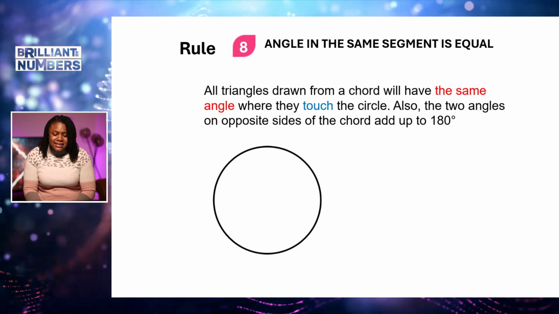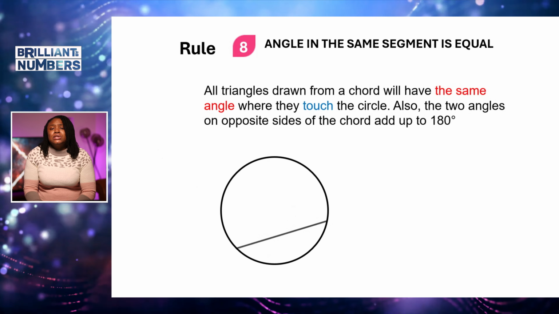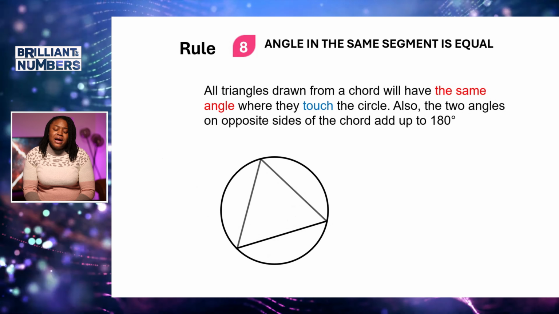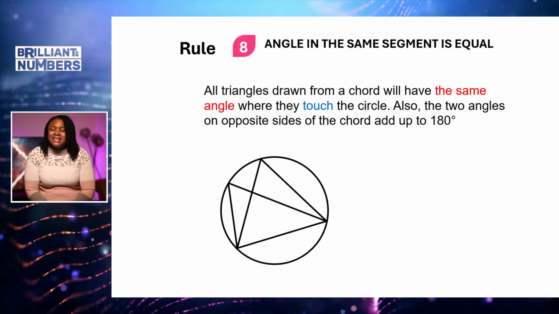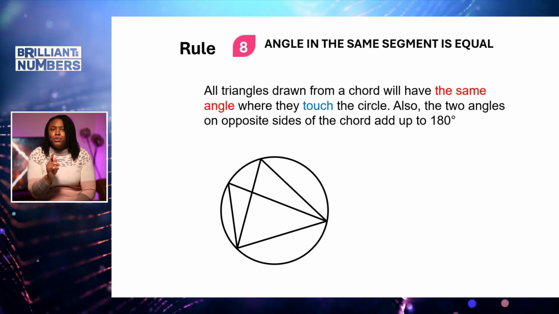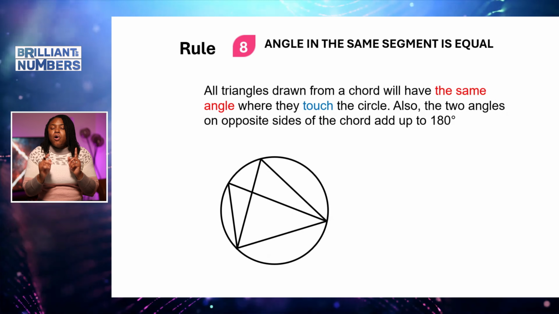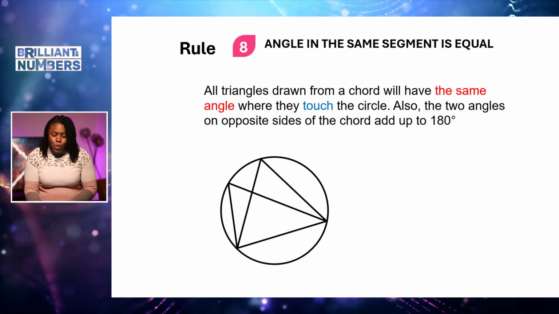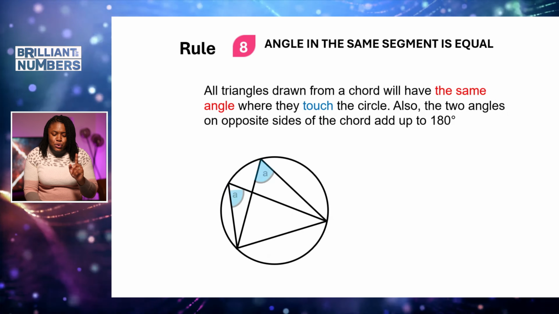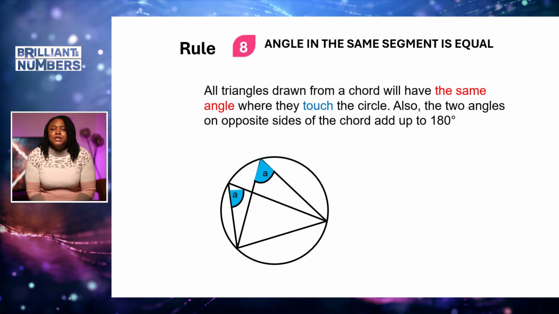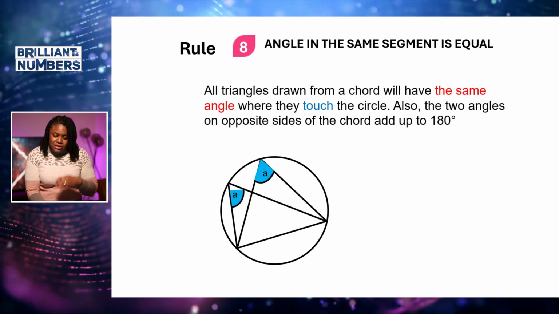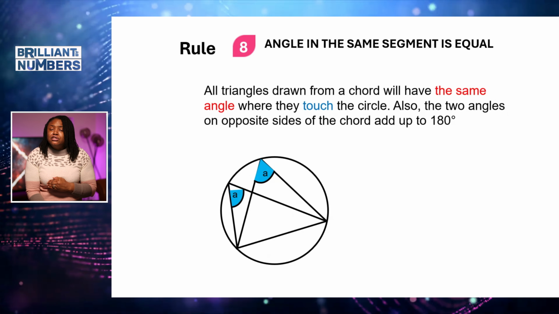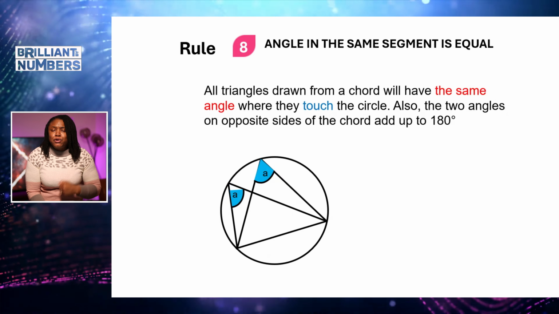So visualizing this, if I have a chord here and I draw a triangle from that chord and I make another triangle from the same chord, very important there, it has to be of the same chord. When this happens, the 2 angles in the triangle touching the circumference will be the same, and that's because they are in the same segment drawn off the same chord.